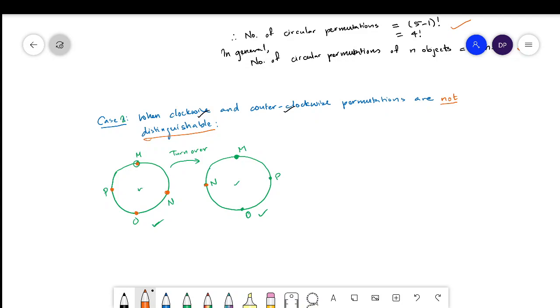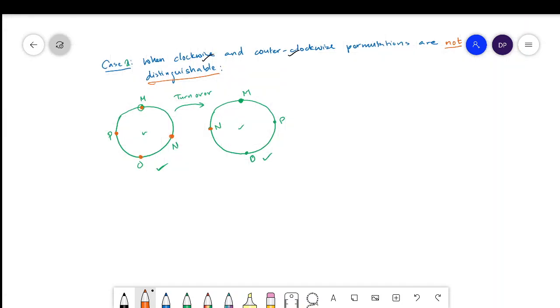So if we cannot distinguish between clockwise and counterclockwise permutations, then the number of circular permutations will be equal to (n minus 1) factorial divided by 2, because these two are the same arrangements.